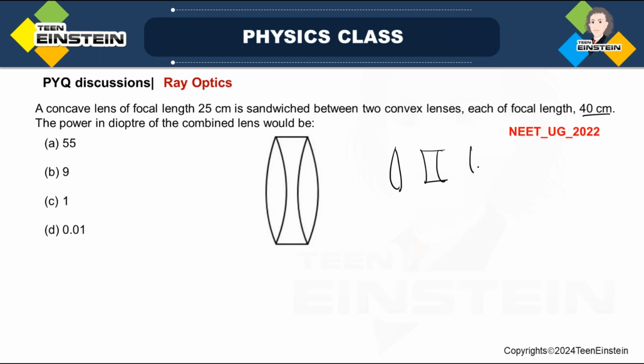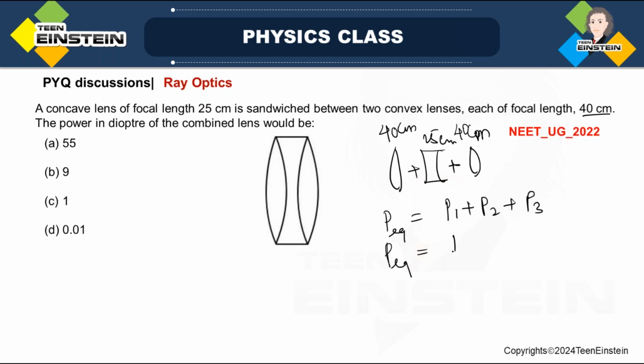Find the power in diopter of the combination. Here it is very simple. I will just take a combination of 3 lenses, as we had done for the previous cases also. This has 40 centimeter, this has 40 centimeter, and this has 25 centimeter.